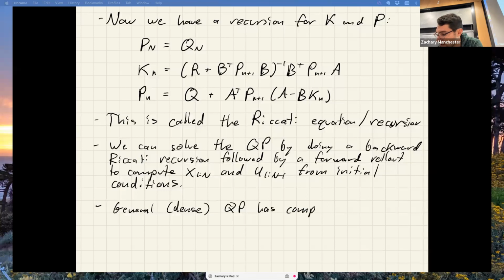So if I just treated this as dense, I would have basically n plus m, everything cubed. So big N is the time horizon, little n is the state dimension, little m is the control dimension. It's cubic in everything, if those were the big dense matrices.